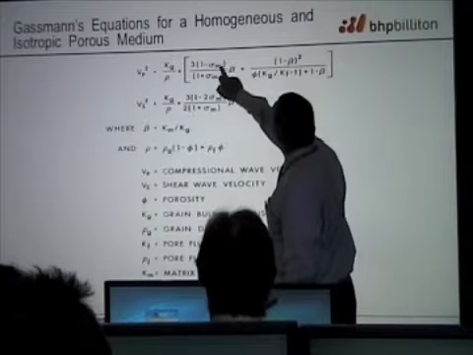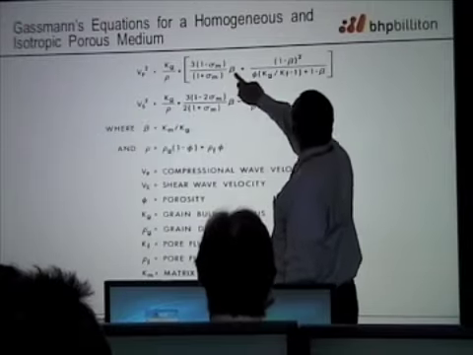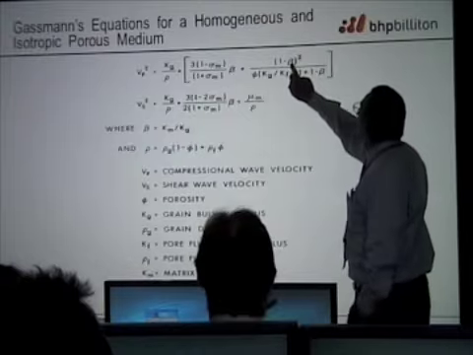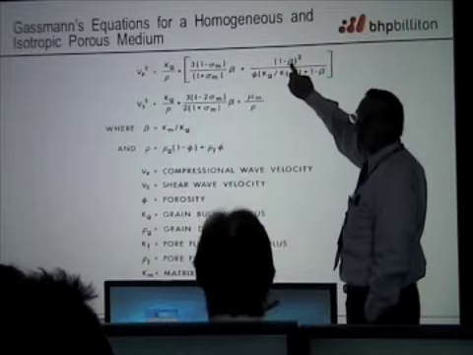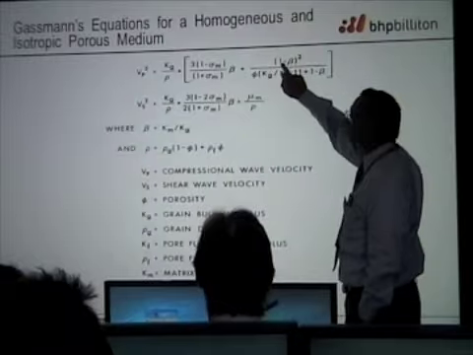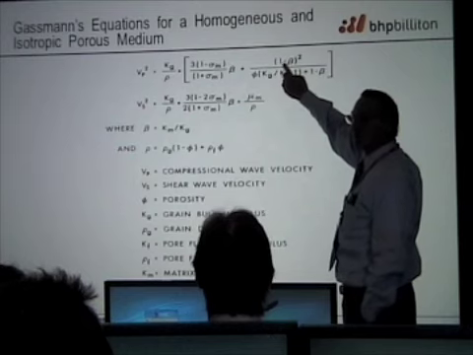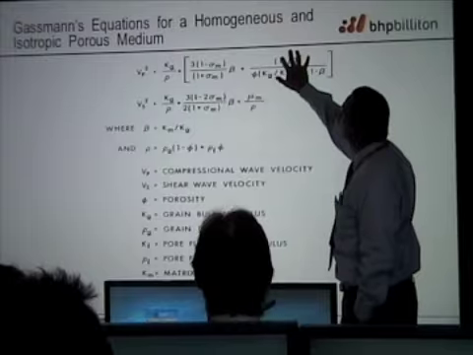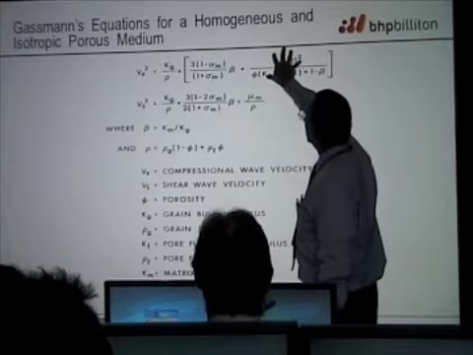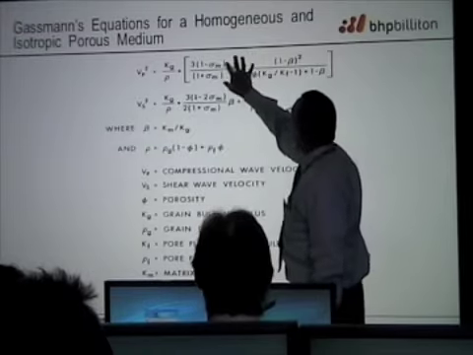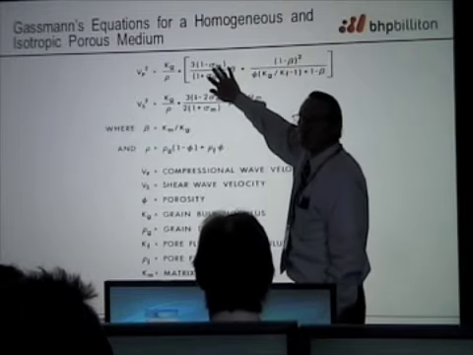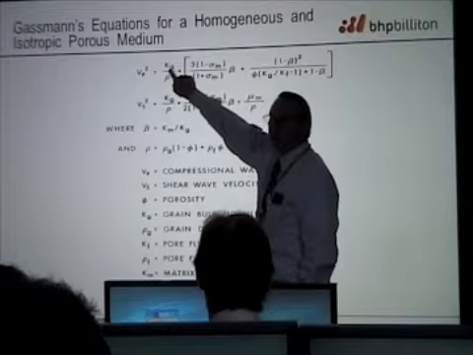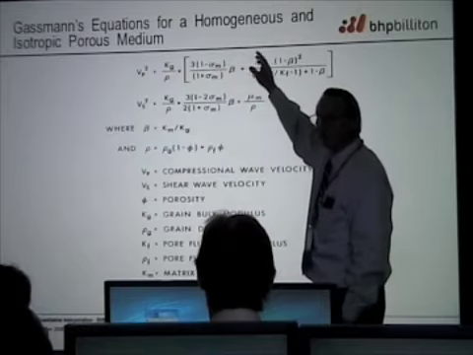This term is big because beta is close to 1, but this term is very, very small because beta is close to 1 and the numerator is very close to 0. So no matter what I do to this, if beta is close enough to 1, it's going to be small compared to this term. And this thing is going to dominate if I get it small enough, get it close enough to 1.